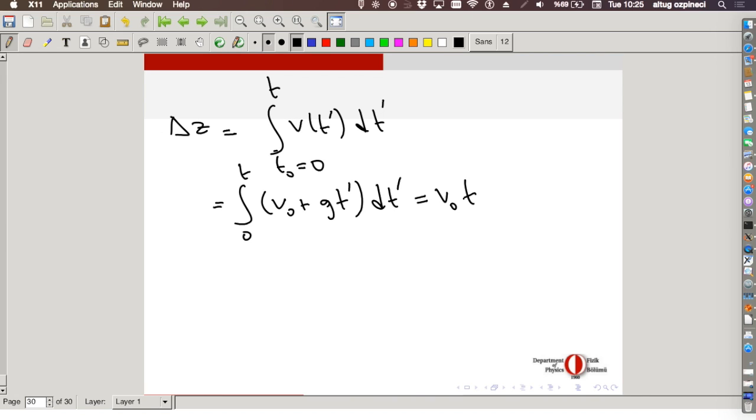What is the integral of g t prime? g is just a constant, we can take it out of the integral. The integral of t prime is t squared over 2. So this is our delta z. Again, if you add the initial position, z0 plus v0 t plus 1 over 2 g t squared.